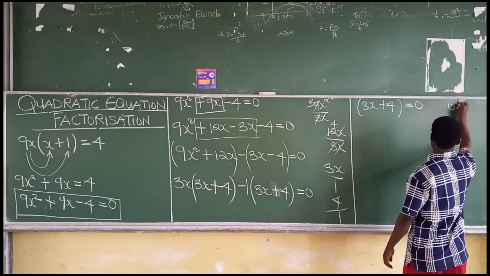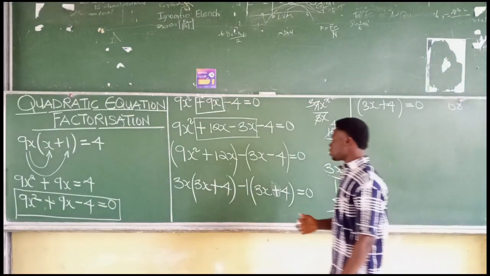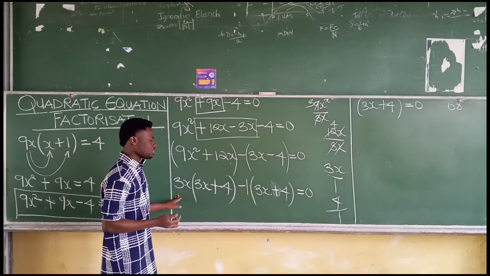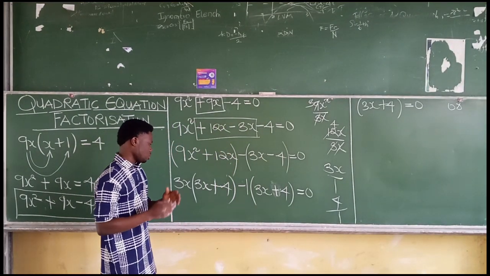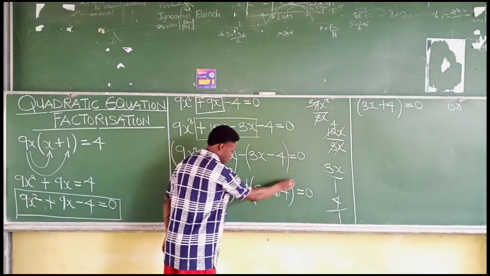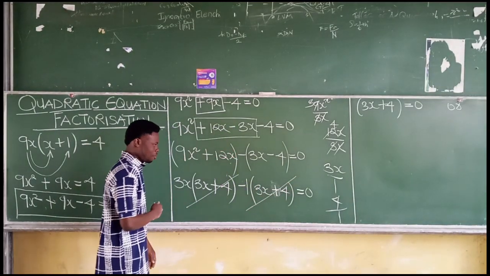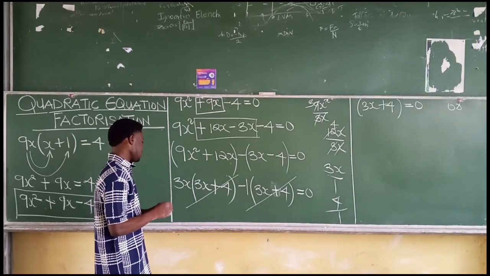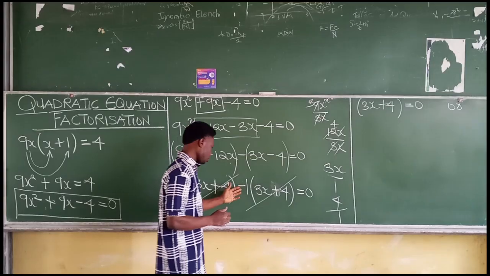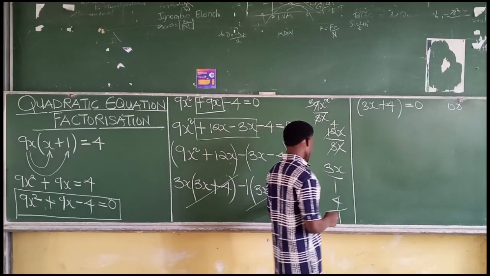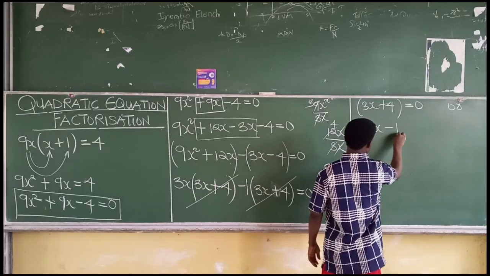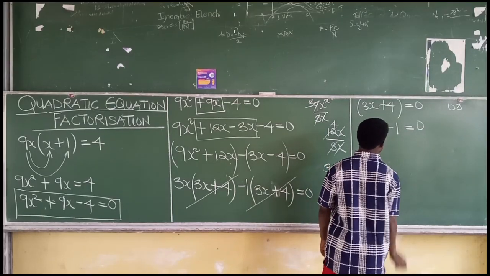Everything outside the bracket should also be equated to 0. Apart from these two brackets, we have other terms that are not written inside the bracket, and that is 3x minus 1 is equal to 0.